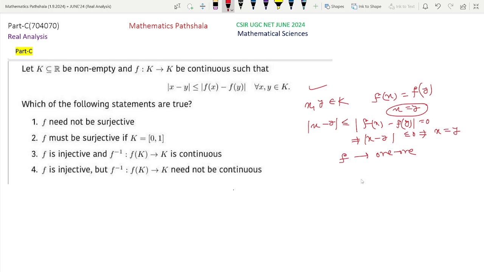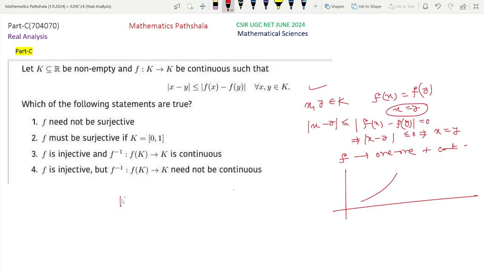Now as f is 1-1 and continuous, we must have f is either strictly increasing or strictly decreasing. So without loss of generality, we may assume that f is strictly increasing. Now look at option 1, f need not be surjective.